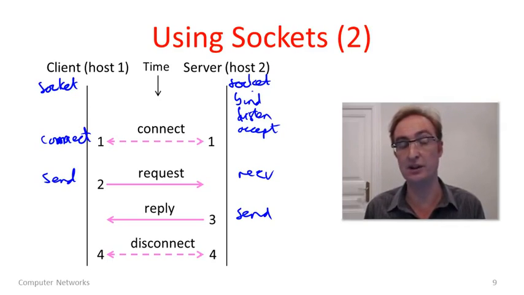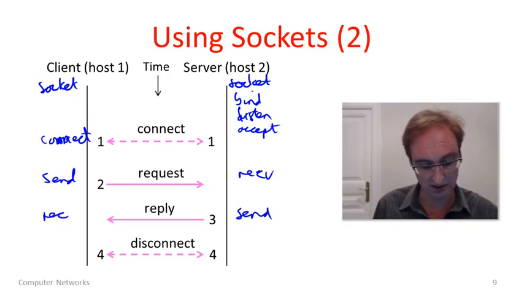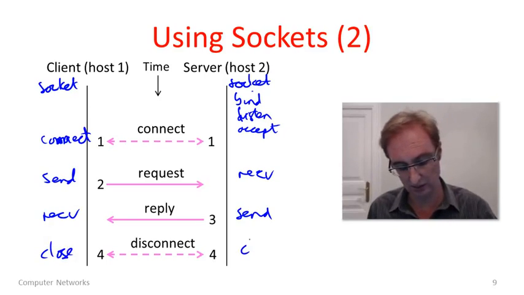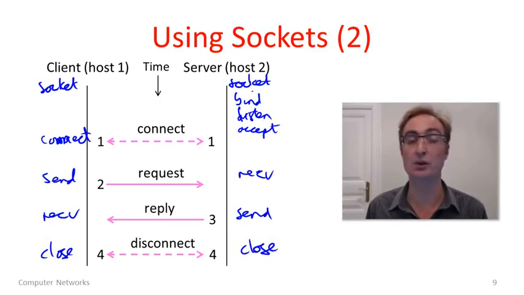It could read a file off the disk, for instance, to get the message to send back. But we're ignoring that because we're just focusing on the use of the network API. On the other side, we'll need a receive call, and then much later on, both sides can call close. So this is the sequence of socket calls which are used by both the client and the server to cause this interaction to happen. So let me clean this up.